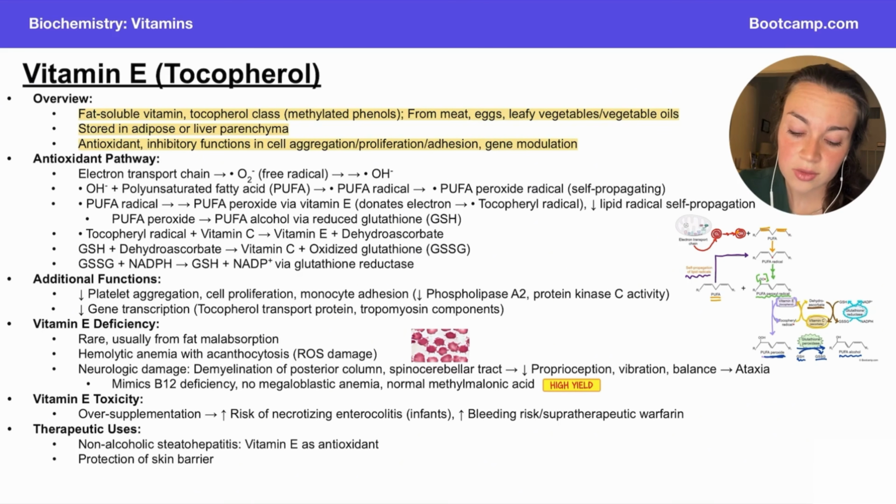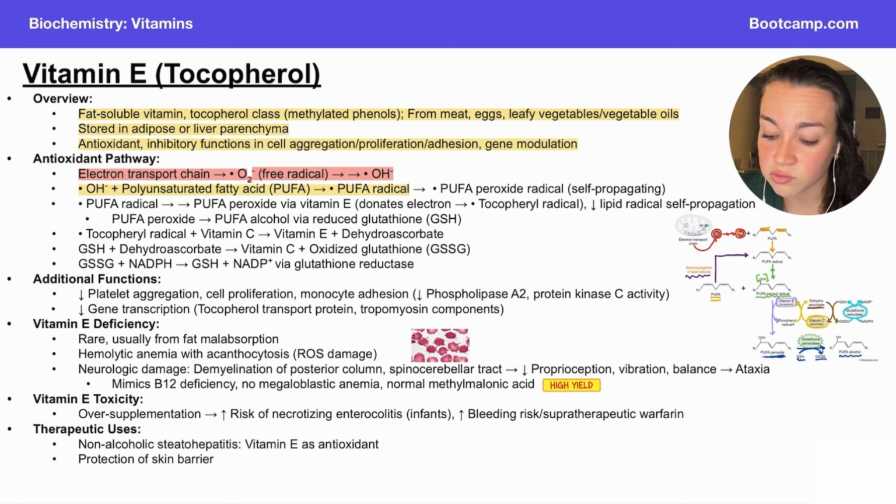So back to the outline, remember the electron transport chain was causing a lot of oxygen free radicals, and those were turning into hydroxyl free radicals. When that hydroxyl radical met up with a polyunsaturated fatty acid, or a PUFA, it would form the radical form of that PUFA, a PUFA radical. And through a couple more steps down the line, that PUFA radical could turn into a PUFA peroxyl radical.